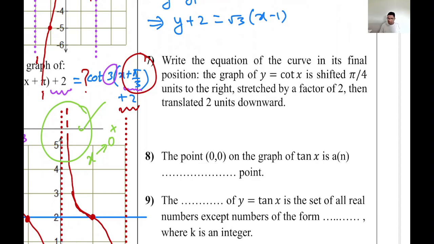Write the equation of the curve in its final position. The graph of y equals cot x is shifted pi over 4 units to the right, stretched by a factor of 2, and then translated 2 units down. Relatively simple. Write your answer. We have done this kind of activity in the previous lesson also.